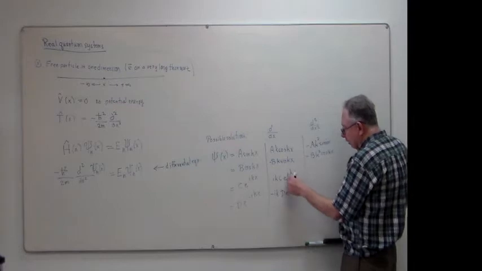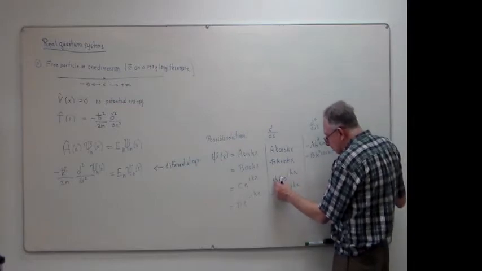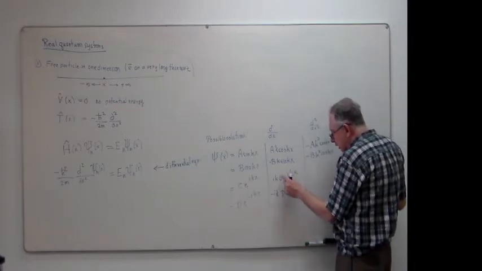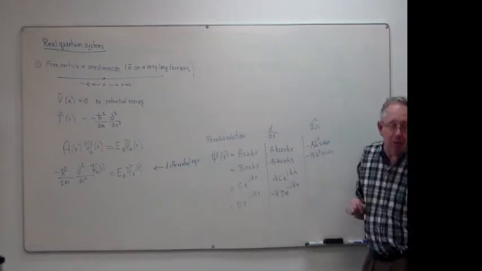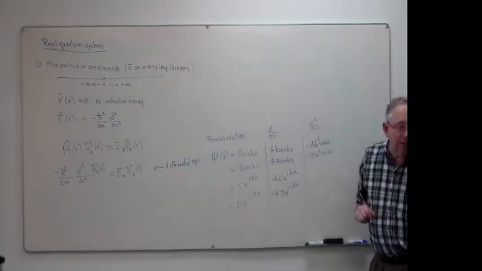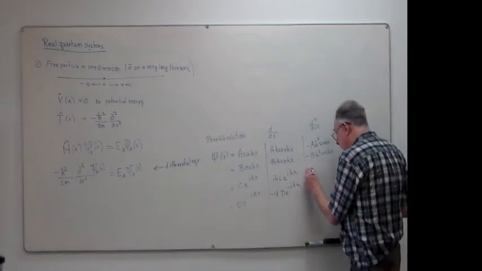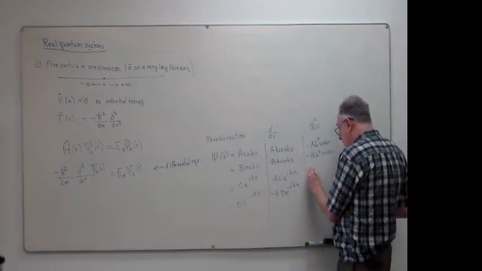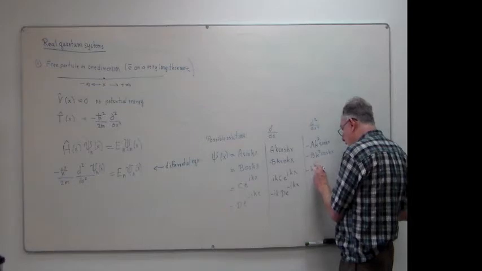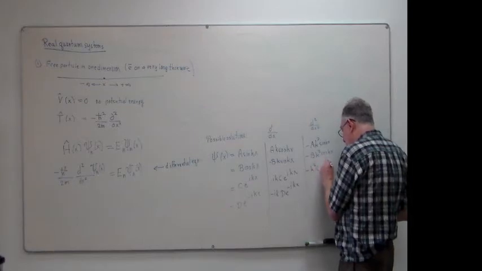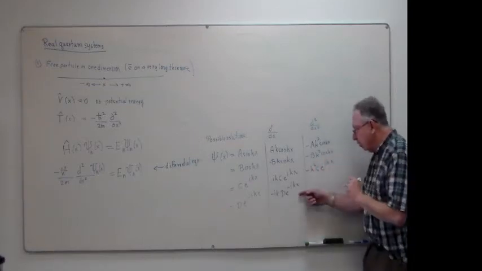You bring an ik times an ik, so it's k squared, but i times i is negative 1. So it's minus k squared C e to the ikx. What about this one?